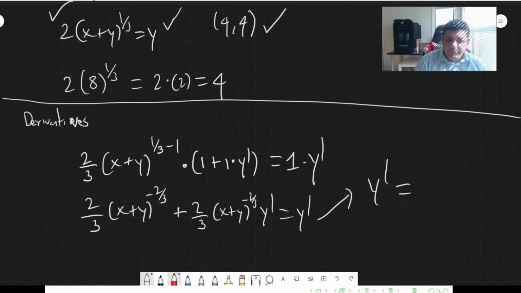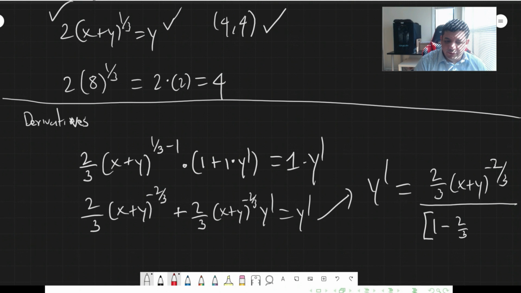So y prime is going to be 2/3 times (x plus y) to the minus 2/3, divided by 1 minus 2/3 times (x plus y) to the minus 2/3. This is doing some algebra. Remember, we put this on the other side, factor out y prime, and then later divide. So that's why we get this part.